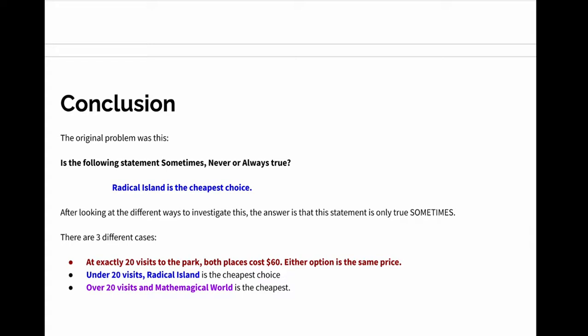And then Mathemagical World is cheapest when you're going over 20 visits. And that's because it has a lower multiplier or rate of change. So eventually, the higher price per visit for Radical Island will overtake the cost of Mathemagical World. And we know that's after those 20 visits. So again, there are 3 different scenarios that we have to look at, and they're not all the same, which is why our statement is only sometimes true.